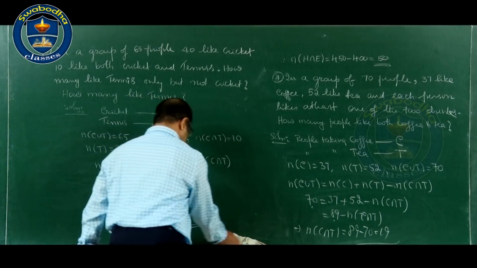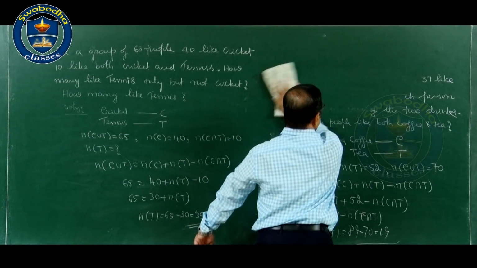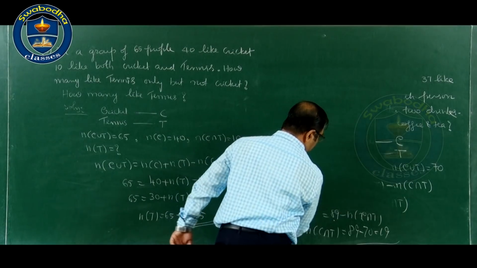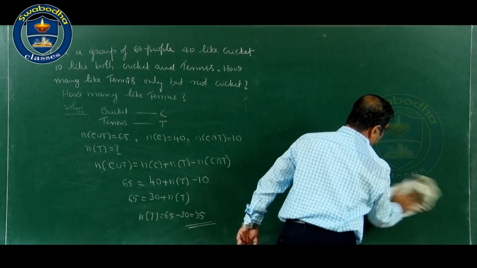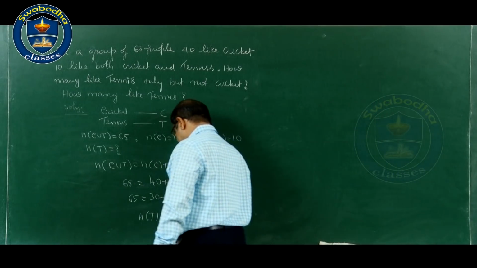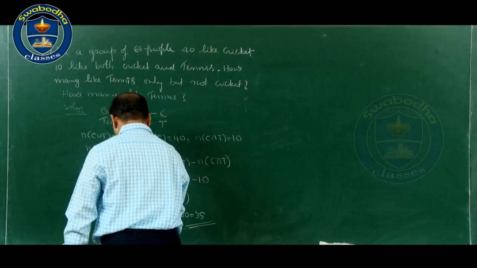N of T is equal to 35. So people who play tennis, that is 35.